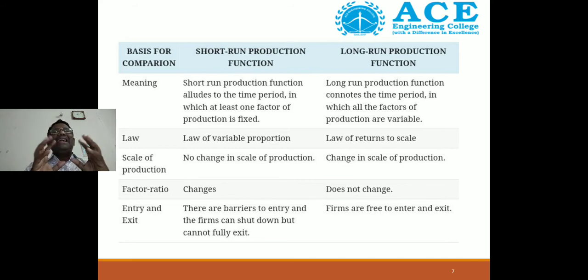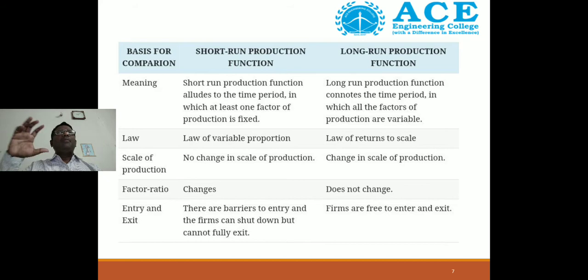So entry and exit means there are barriers to entry and the firms can shut down but cannot fully exit. Whereas in the long run production function, firms are free to enter and exit.